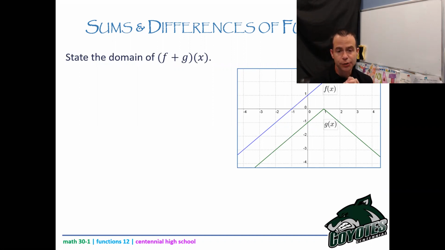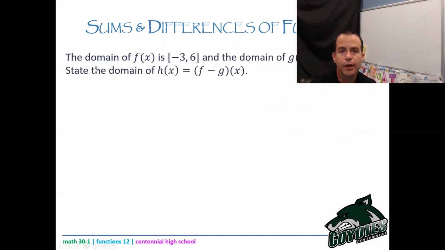Where it gets a little trickier is that the domain has to exist in both of the functions, and we'll see that in a little bit. You always take the overlapping domain between the two functions, and that will be the new domain, okay? But for this one, because they're both infinite, the new one will be infinite as well.